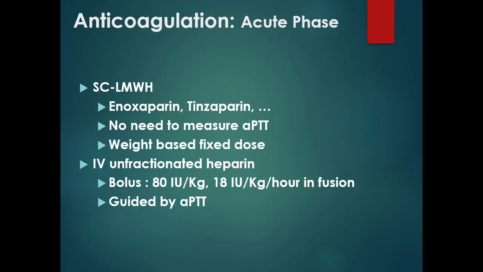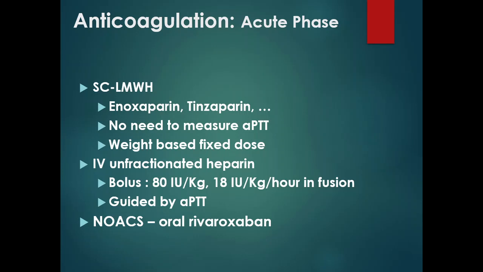Now, IV unfractionated heparin has to be given as a continuous IV infusion. It is effective, but you have to measure the APTT quite often to maintain it at a certain level. And now we even have newer drugs, non-vitamin K oral anticoagulants.